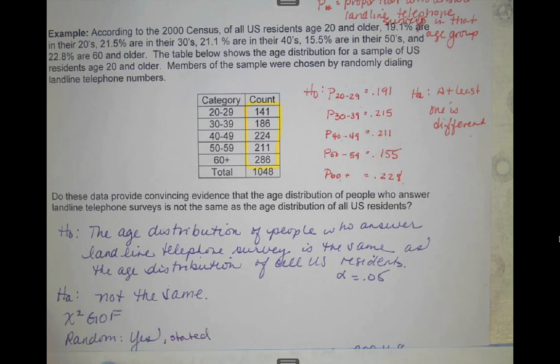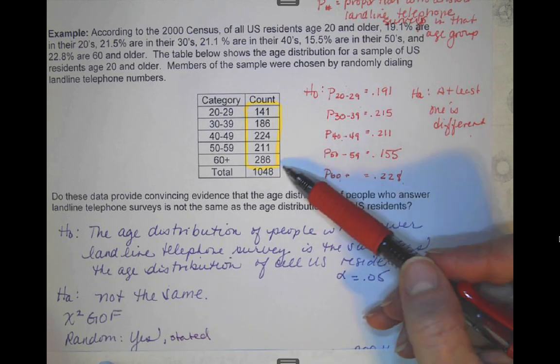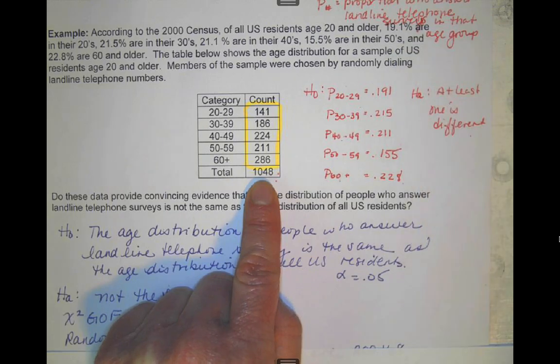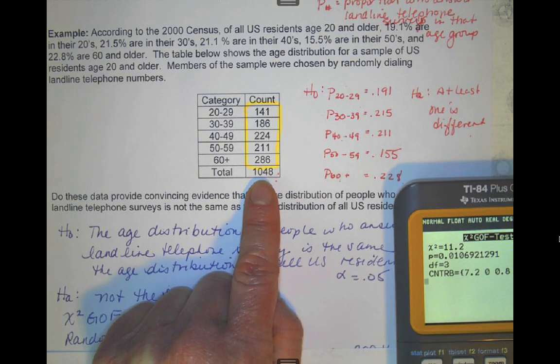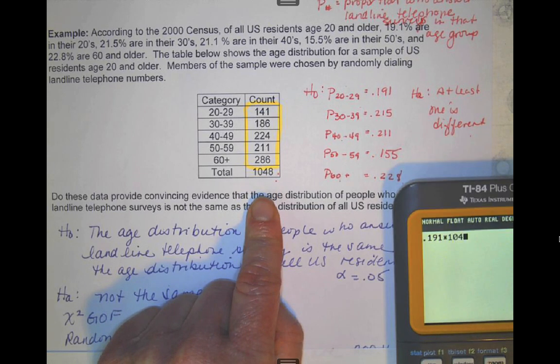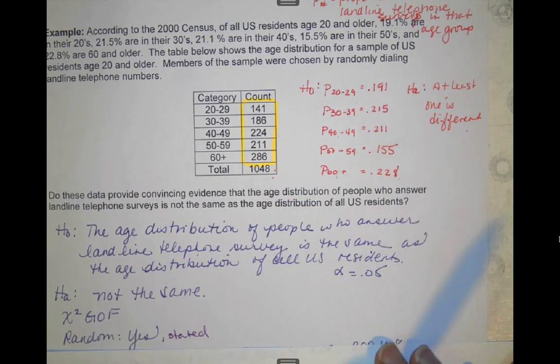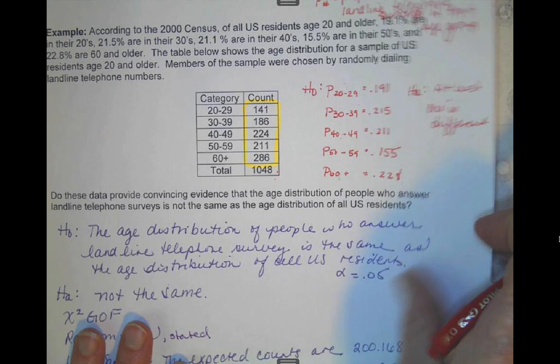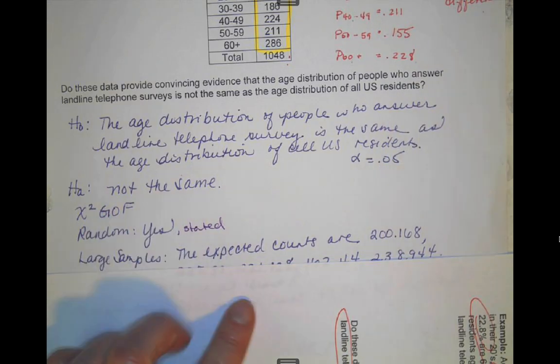To find these expected counts, you can't just take the total and divide it by 5. I have to take the total and multiply it by that first number. So I'm going to take that 0.191 times my total, and I get 200. So that's my first expected count. I'm just going to list the expected counts. I'm not showing the math for everything.